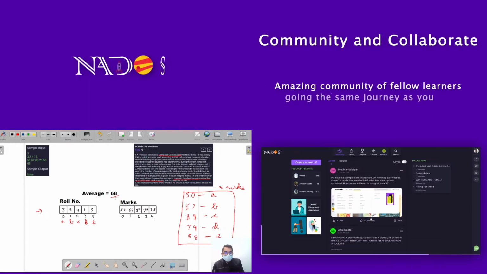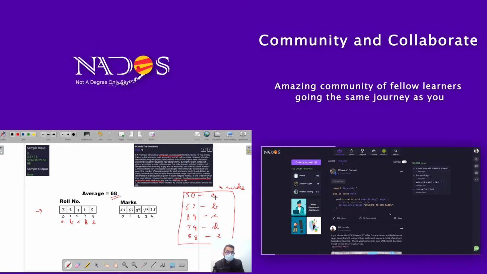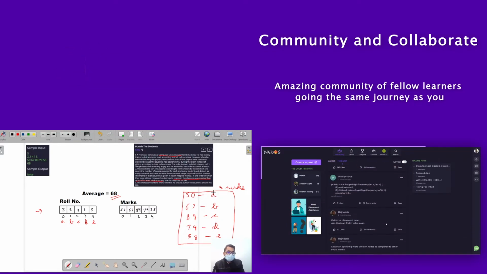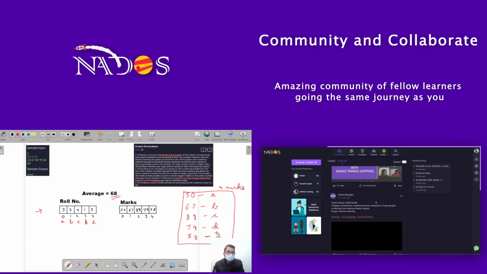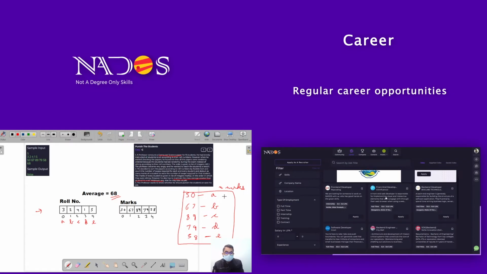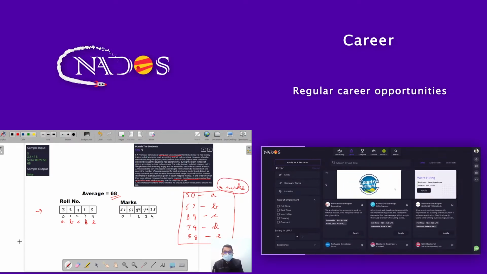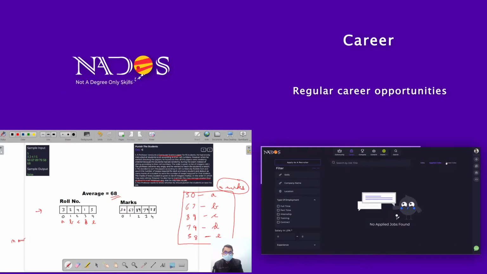So he has to maintain a 68 marks average after reducing the marks of every person in this order. Okay, so first we need to calculate some new marks, and then we need to calculate the new average.